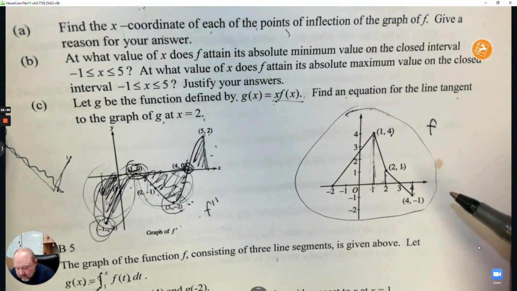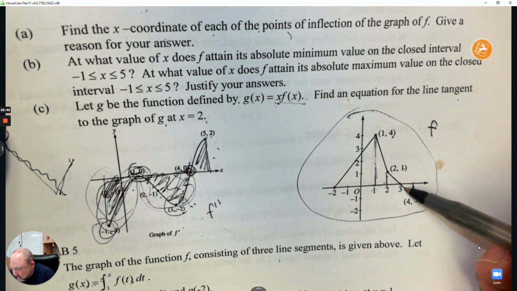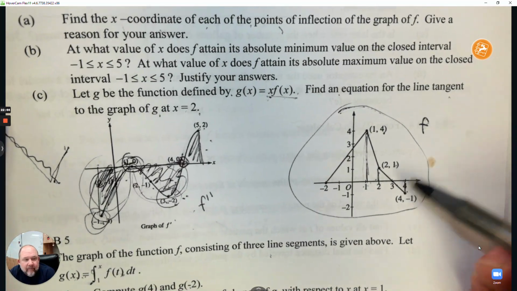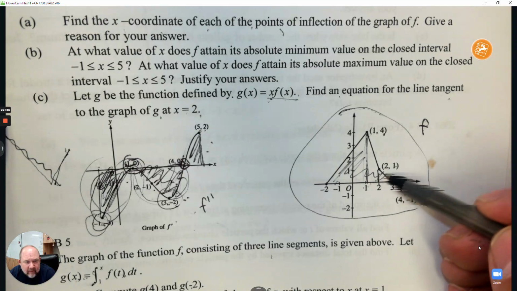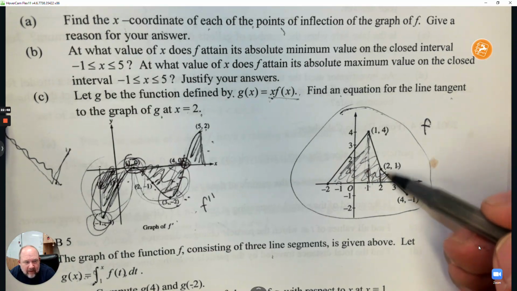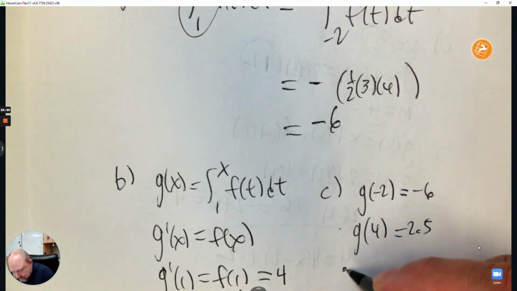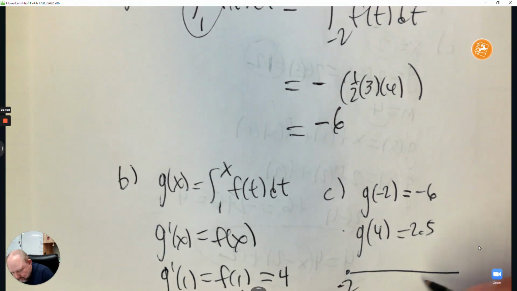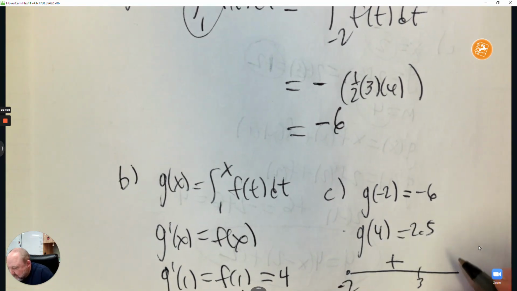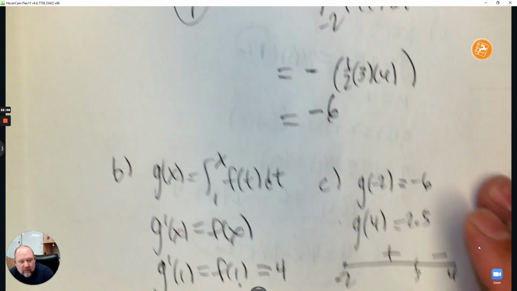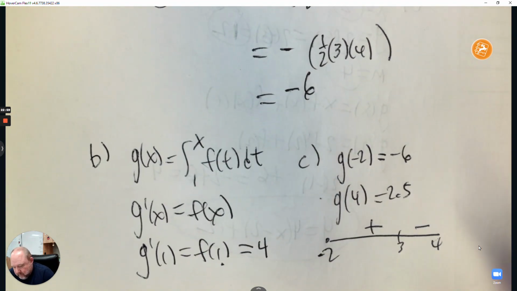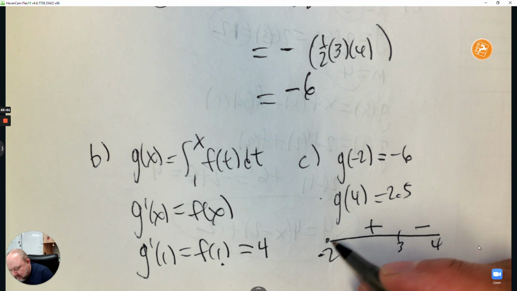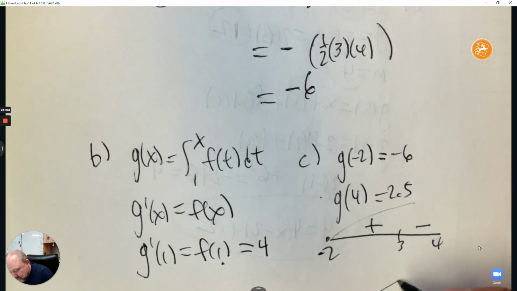So from -2 to 3, so this is positive area. So from -2 to 3, it's above. And then from 3 to 4, it's below. So that means it increases, and then at 3 it decreases a bit.